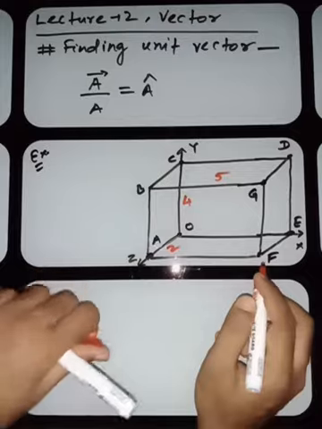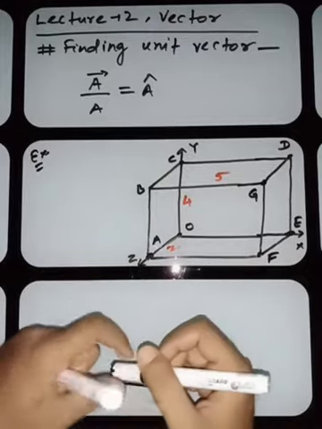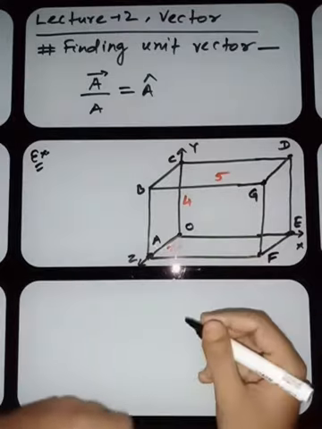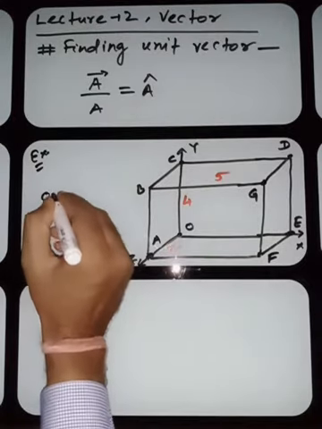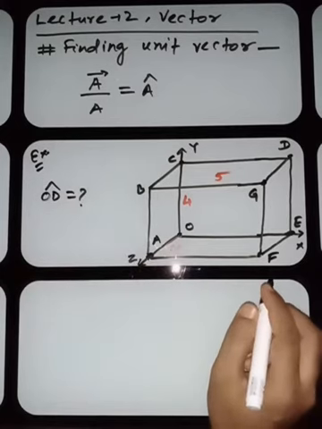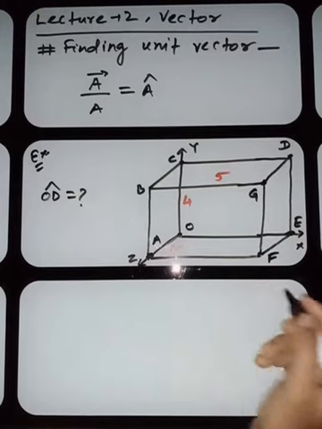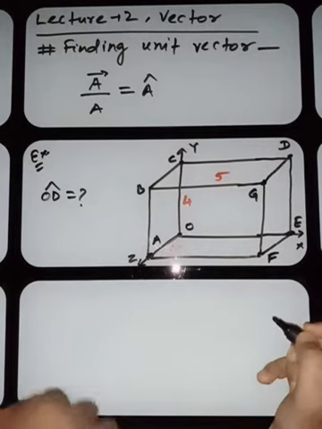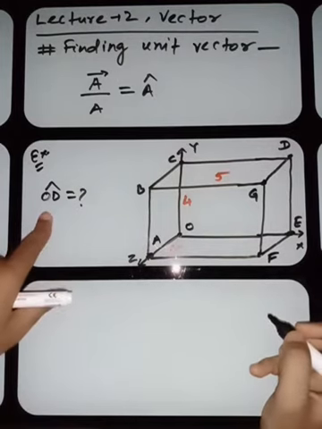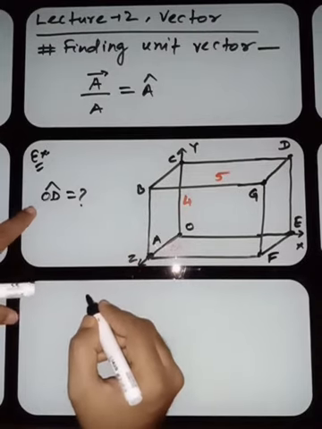Now, if we are asked to find the unit vector of OD, then how will you find it? You are much aware, I have trained you to find the position vector OD first. So try to find the vector OD.